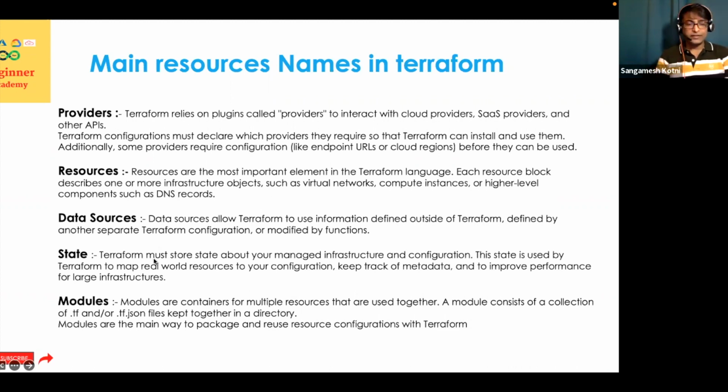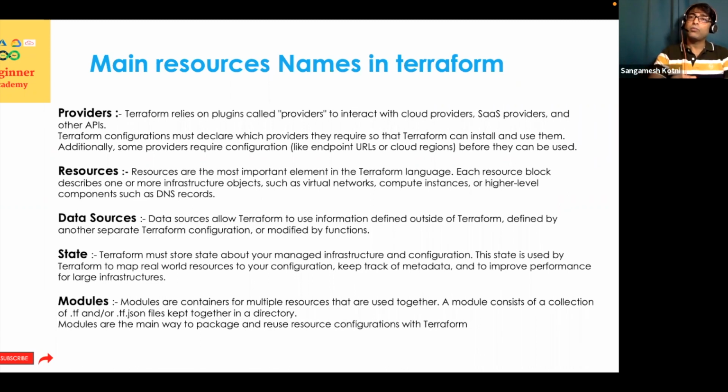Next one is the state. State file is basically infrastructure-wise. What Terraform does is, when you run a Terraform plan or a Terraform apply, whatever resources it has created, it will keep all the references in the state file.